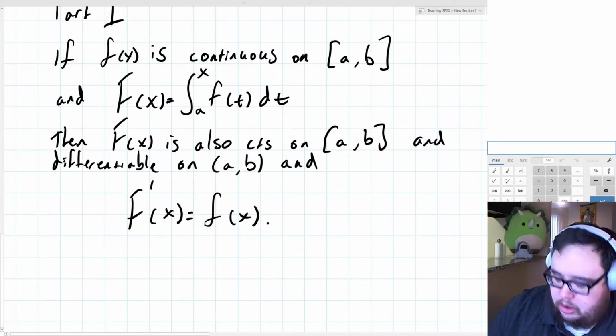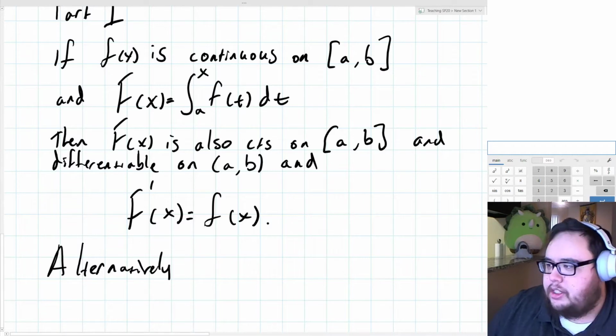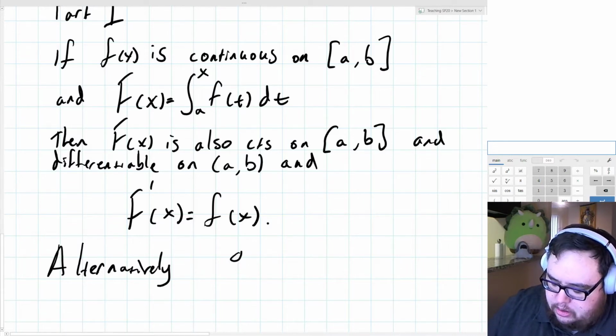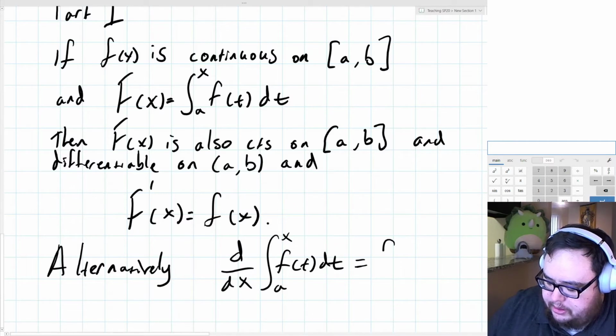Alternatively, if you prefer, and somewhat more compactly, the derivative of the integral from a to x of f of t dt is equal to little f of x.